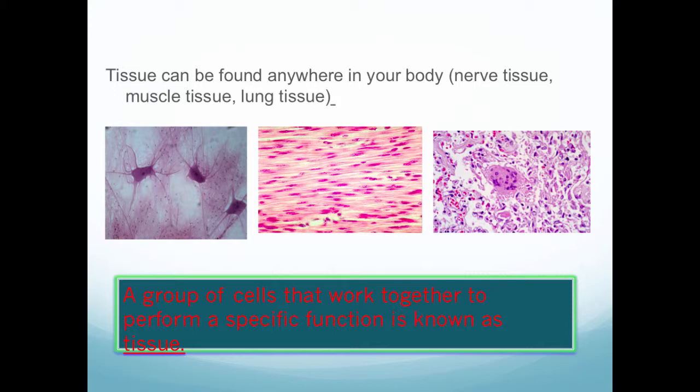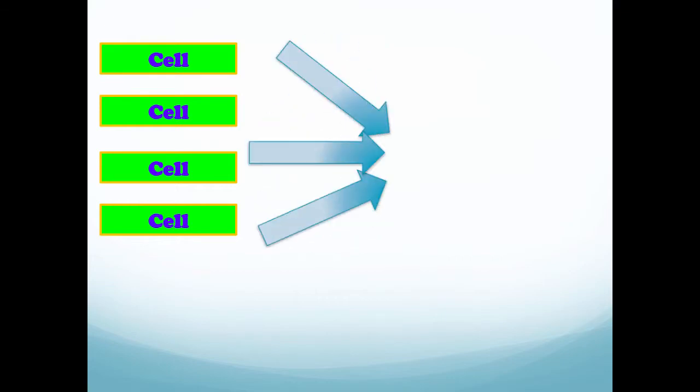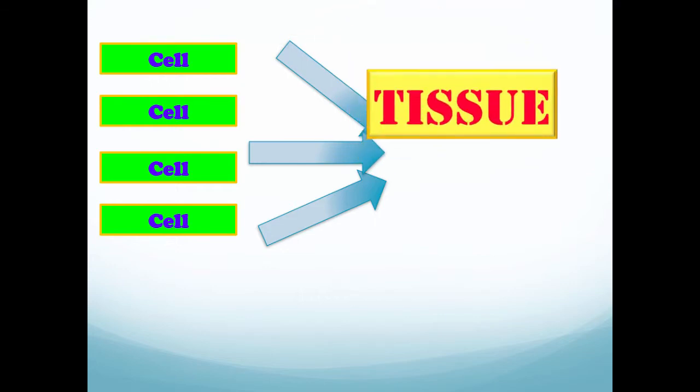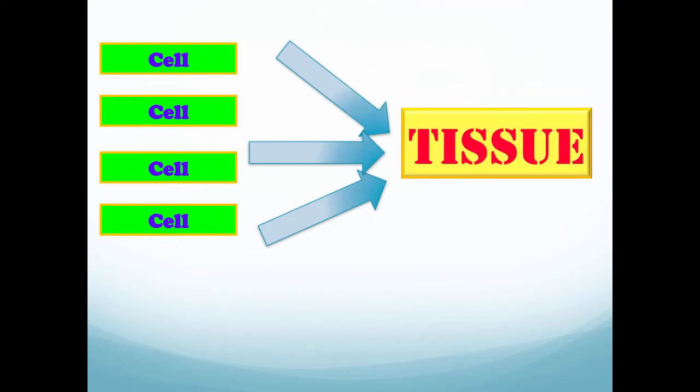The picture in the middle is muscular tissue, and the picture on the far right is lung tissue. In every single picture, you can see multiple cells that are working together to make that type of tissue. So if you have a group of cells that have the same function together, it makes, that's right, tissue.